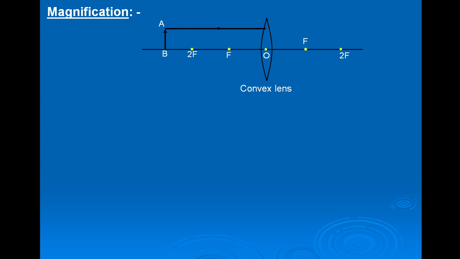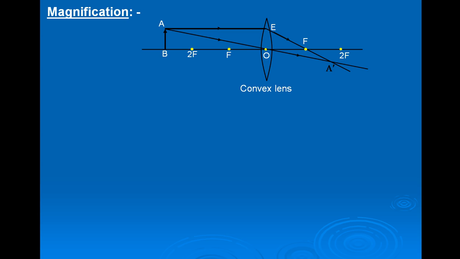From point A, an incident ray parallel to principal axis strikes the lens at point E. It must pass through focus point after refraction according to first rule to draw ray diagram. And another ray of light passing through optical center passes undeviated according to third rule to draw ray diagram, and these two rays of light actually meet at point A dash.